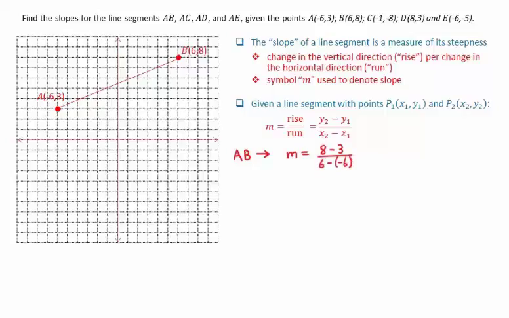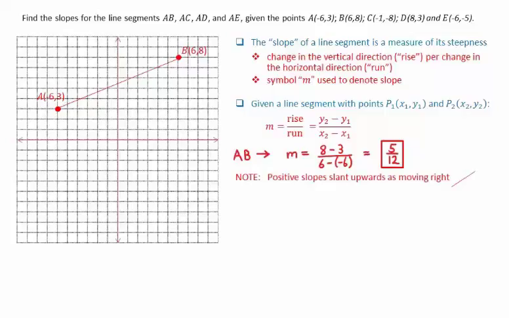This is given from 6 minus -6. This gives a result of 5/12 for the slope of line segment AB. Note that positive slopes will always slant upwards as moving to the right.